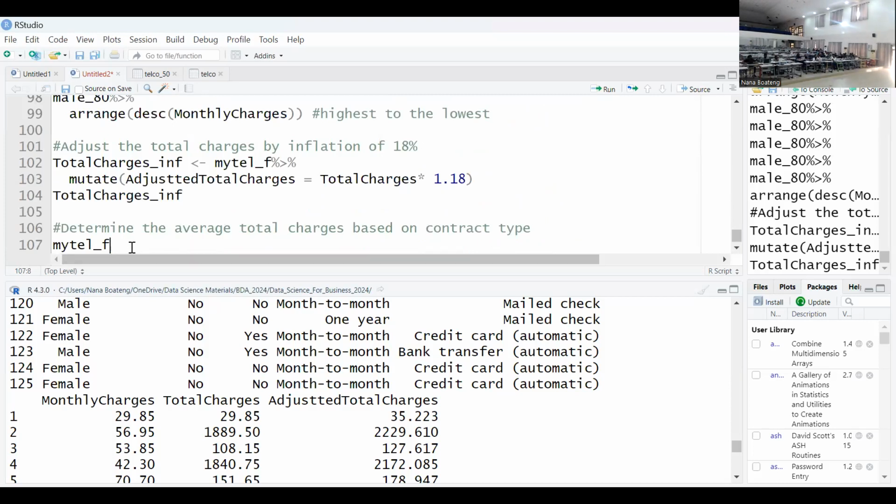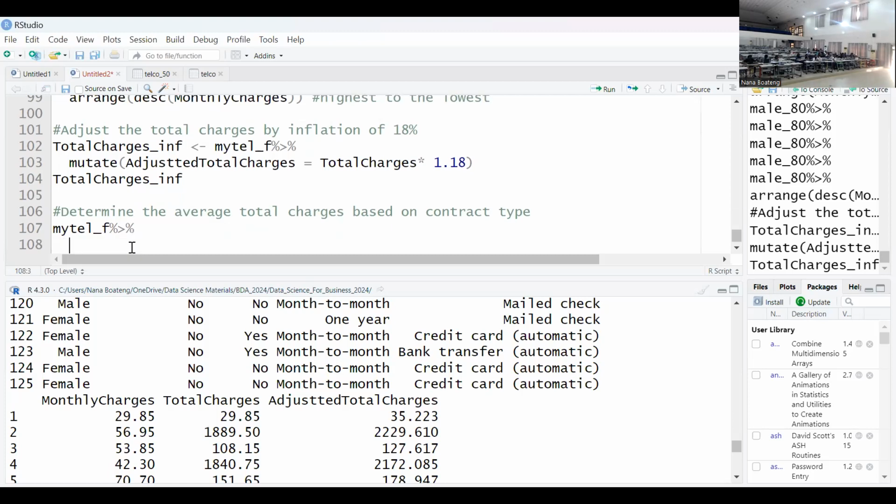Let's pipe that. Let's pipe that to group by. Okay, so we pipe that to group by.